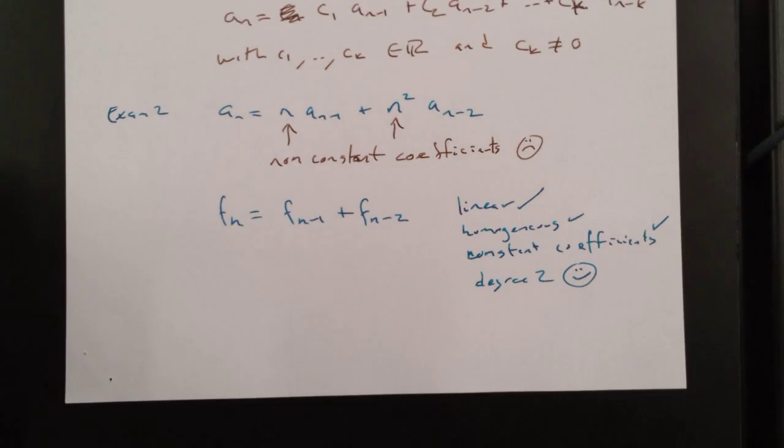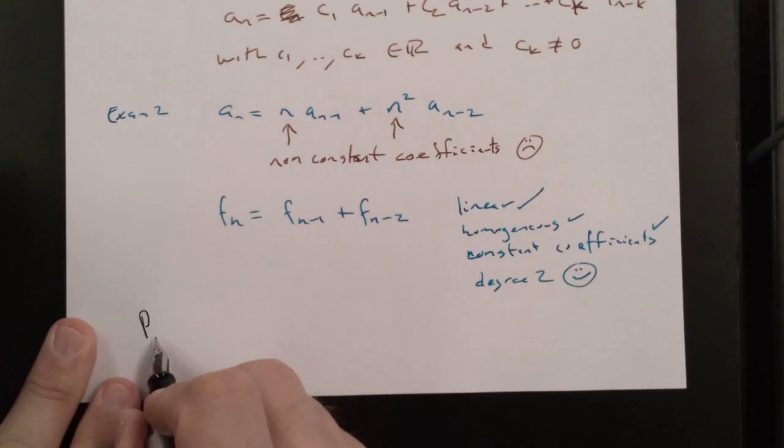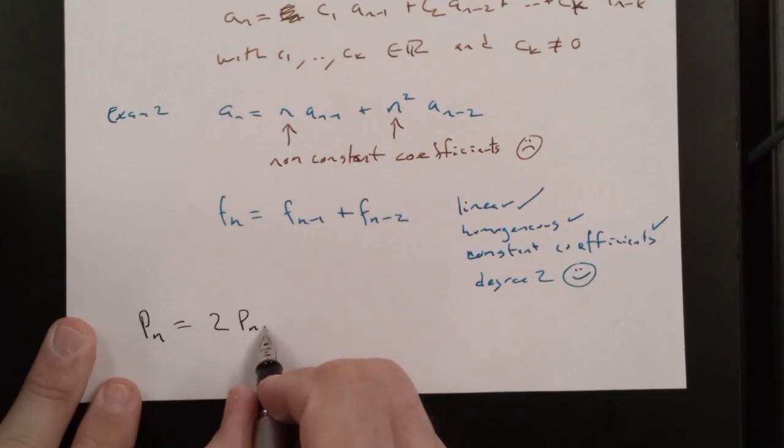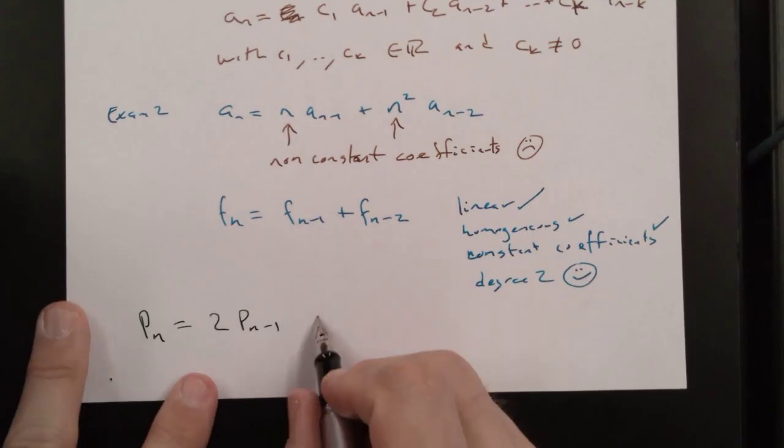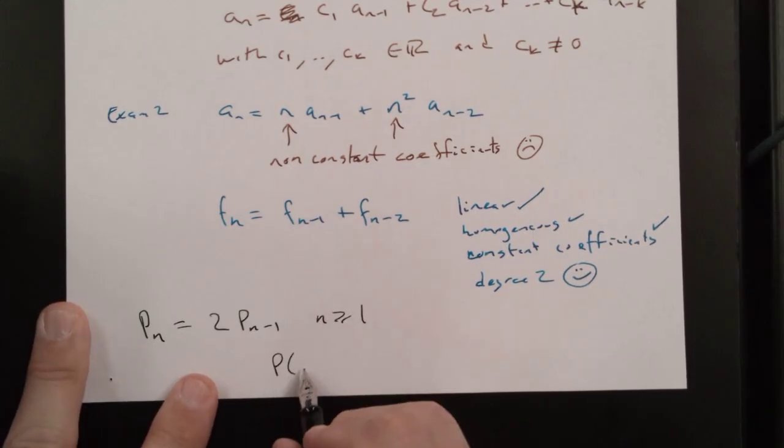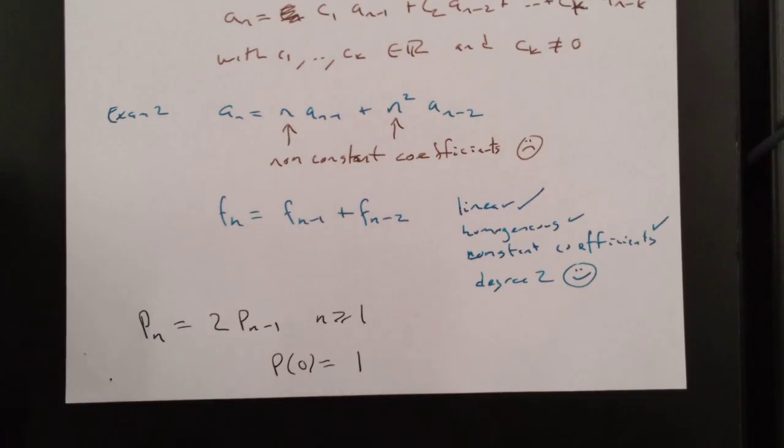Believe it or not, this entire method hinges on the idea that we made a good guess to start with. I'm going to guess based on some degree 1 ideas. I would like you to write out the first 5 values, P of 1, P of 2, P of 3, P of 4, and P of 5.